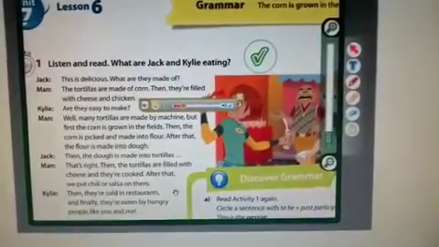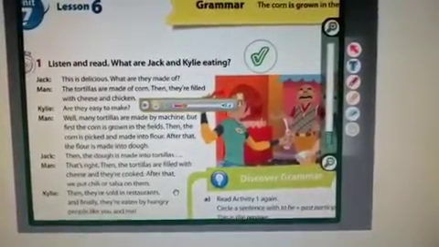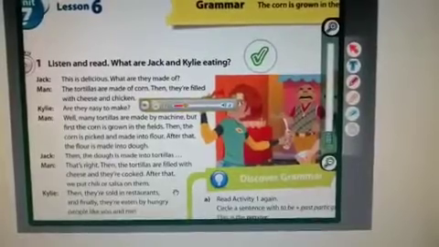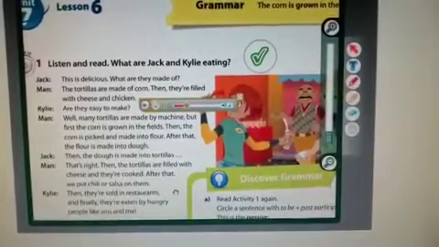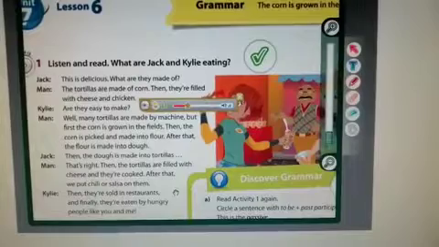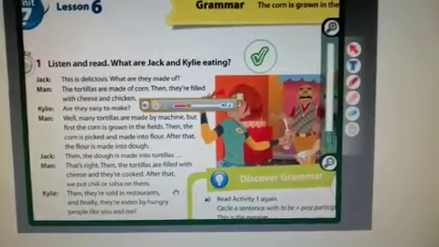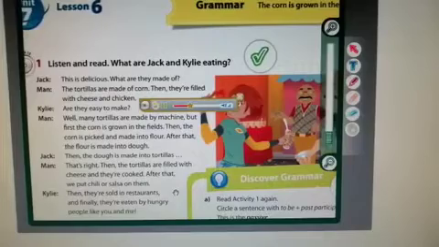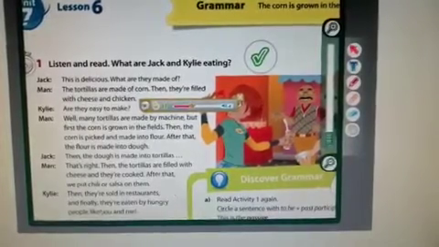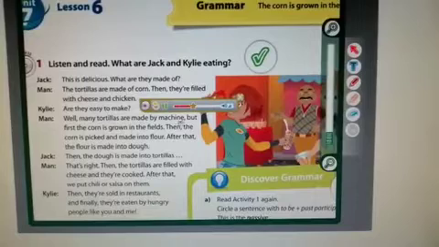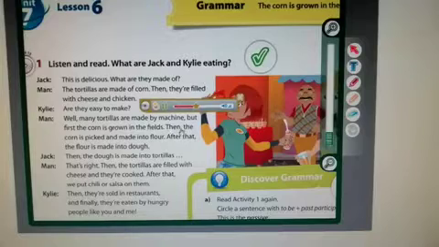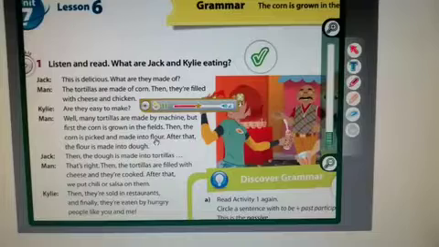This is delicious. What are they made of? The tortillas are made of corn. Then they're filled with cheese and chicken. Are they easy to make? Well, many tortillas are made by machine. But first, the corn is grown in the fields. Then the corn is picked and made into flour.